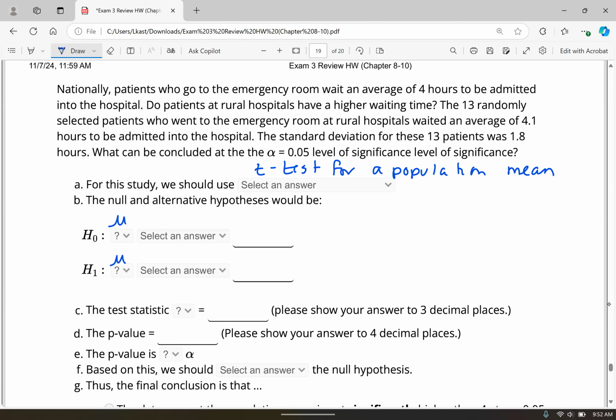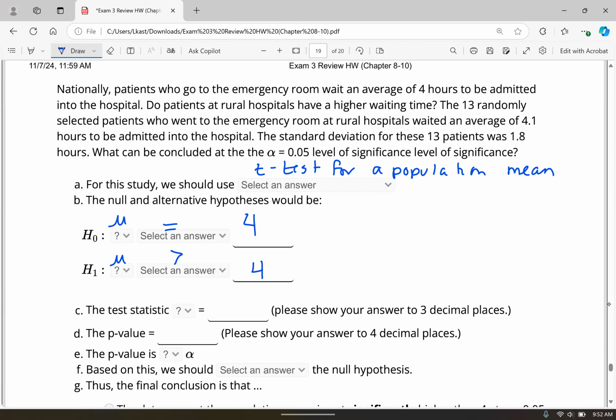So what are we trying to show here? Do patients at rural hospitals have a higher waiting time than the population average? So it's greater than, and what's the population average? 4 hours. So this would be what? Equal 4?